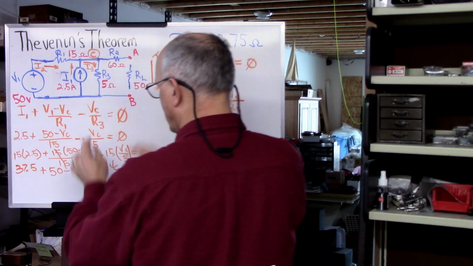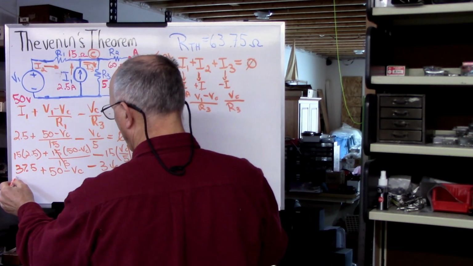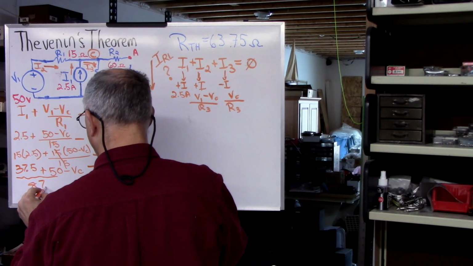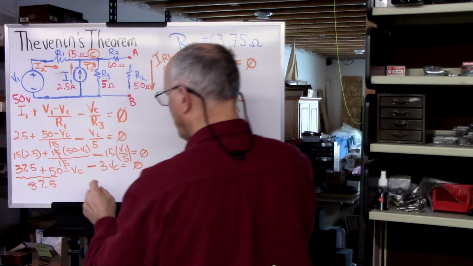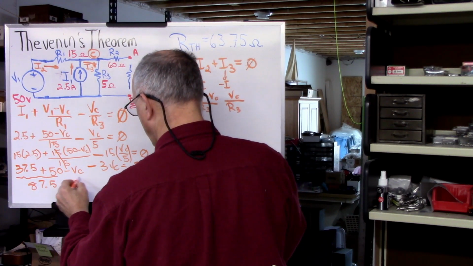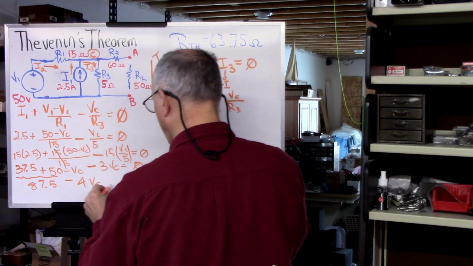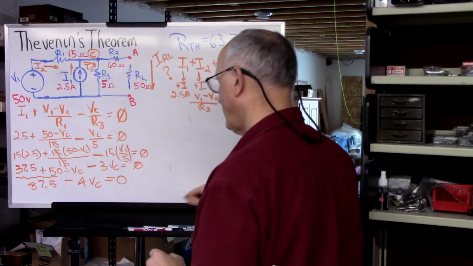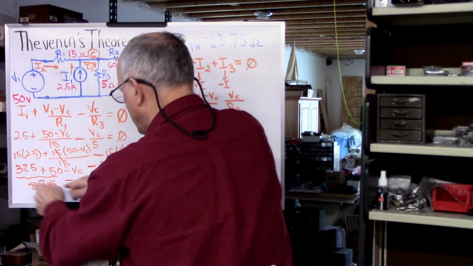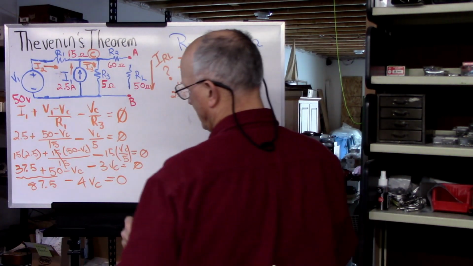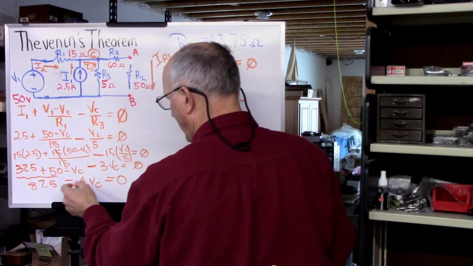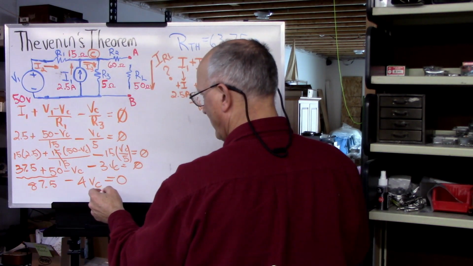We gather like terms. We have 37.5 plus 50 gives us 87.5. We have minus VC minus 3 VC, that gives us minus 4 VC is equal to 0. We add 4 VC to both sides. So you have 87.5 minus 4 VC plus 4 VC.